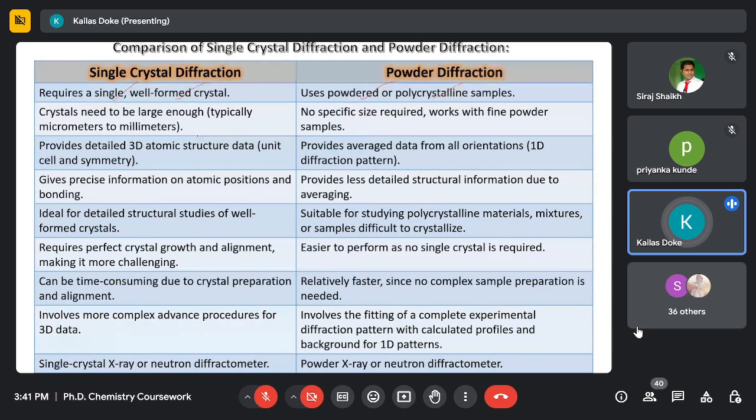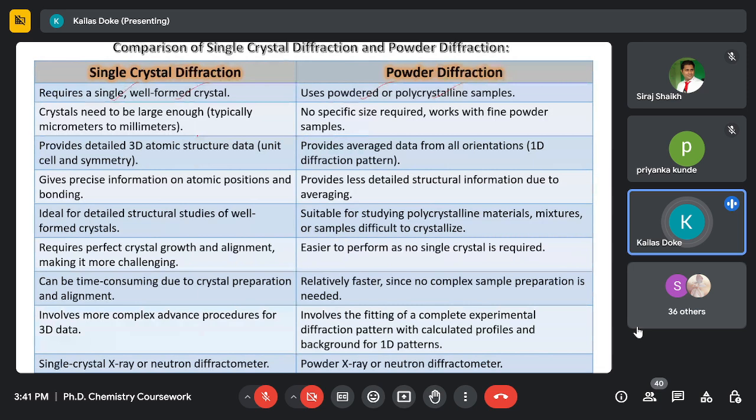The bigger the size of the crystal, the greater the intensity and the greater the observation in single crystal diffraction. But in powder diffraction, no specific size is required. It works with fine powder. The advantage of single crystal diffraction is that it provides the 3D atomic structure from the data.